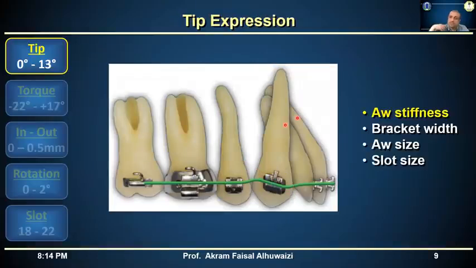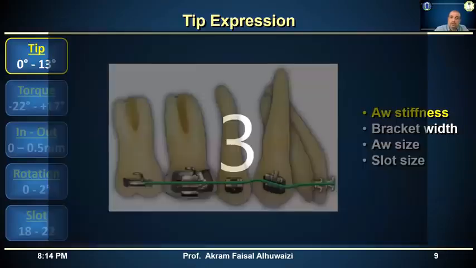So what are the factors if we want to increase or decrease the amount of tip? First, it's arch wire stiffness. Now, the stiffer the wire, the more force it's going to generate. And since force is a major component here, the thicker the wire, the more force you get.